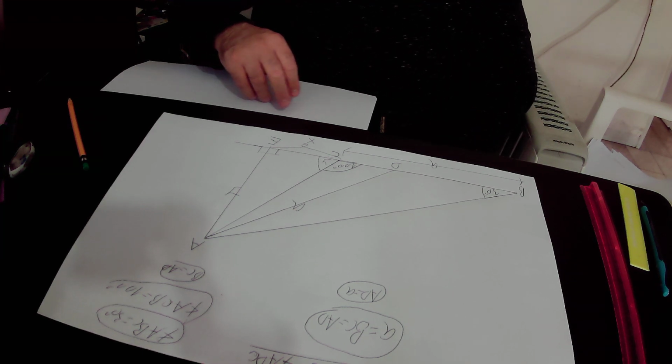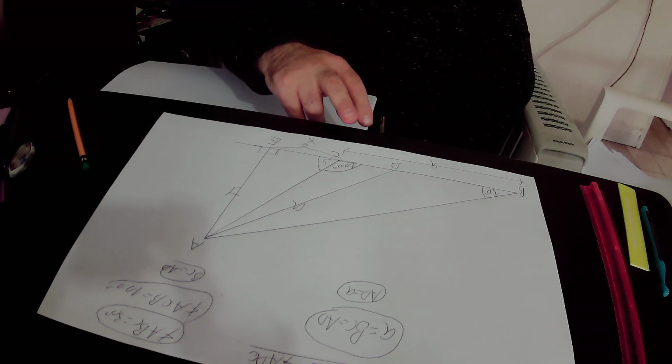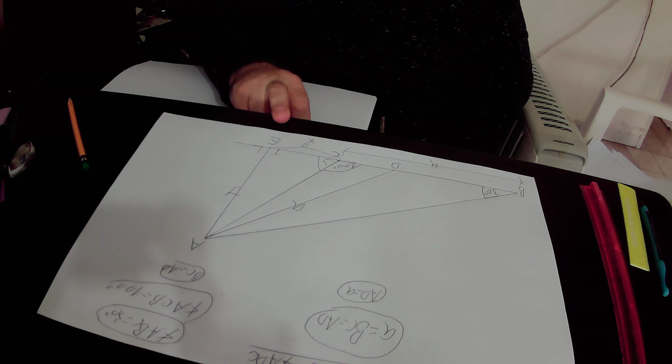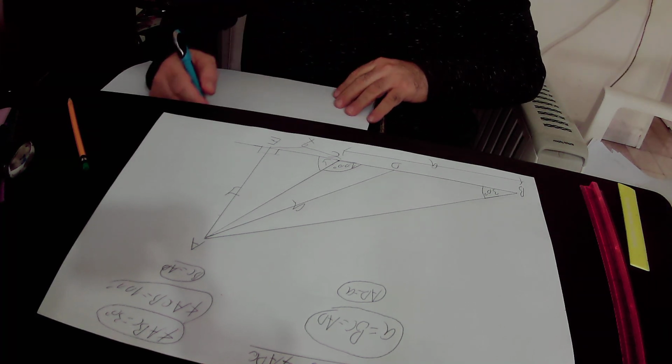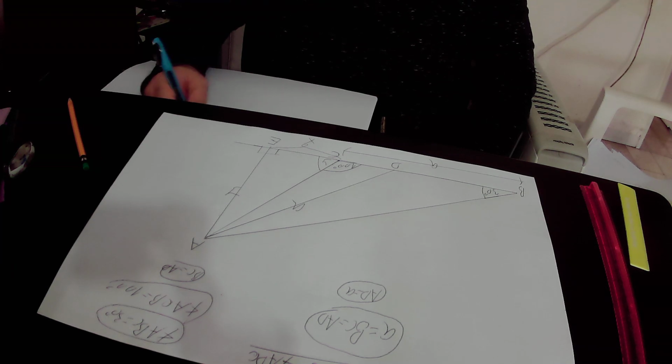And when we extended the straight line BC, we got line segment BE that still must be a straight line. So we can write down that line segment BE is a straight line.